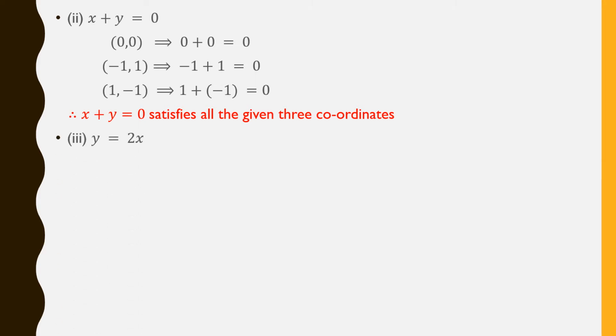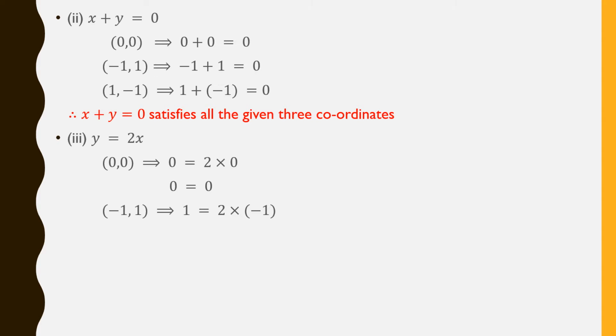Next equation is y equals 2x. First of all, substituting (0, 0) in y equals 2x, we will get 0 equals 2 into 0, which is 0 equals 0. Next coordinate is (minus 1, 1). Substituting (minus 1, 1) in y equals 2x, we will get 1 equals 2 into minus 1.